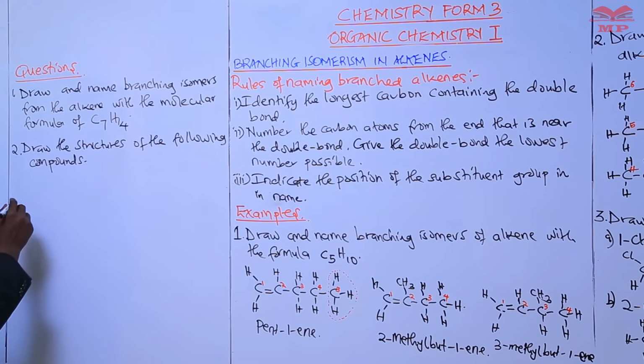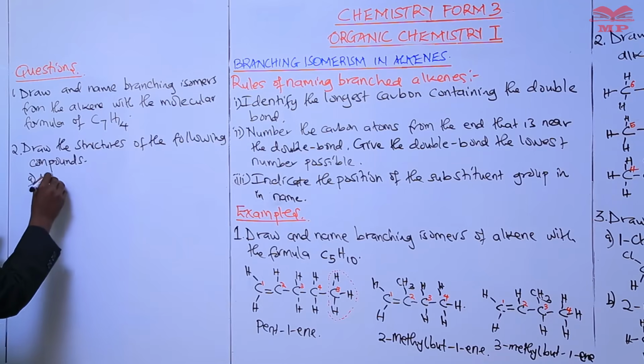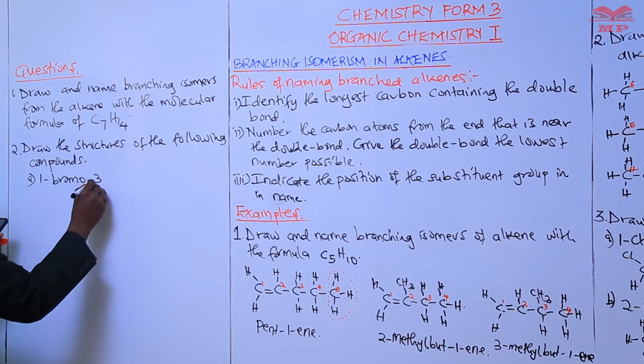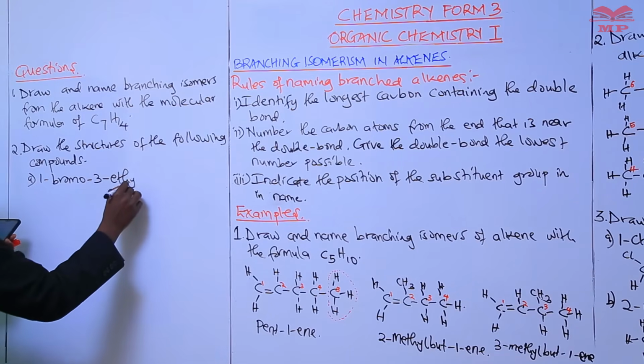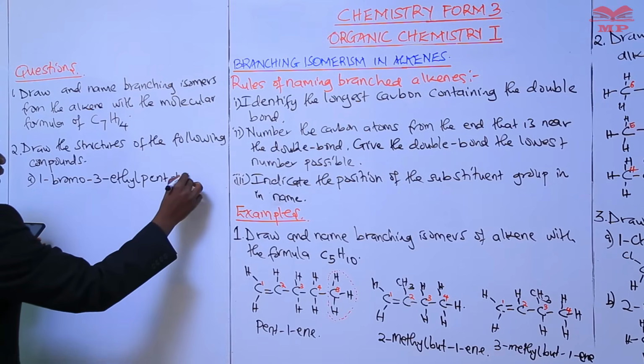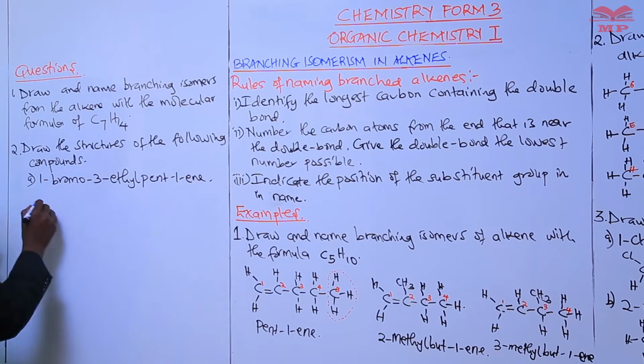So the first one is 1-bromo-3-ethylpent-1-ene.